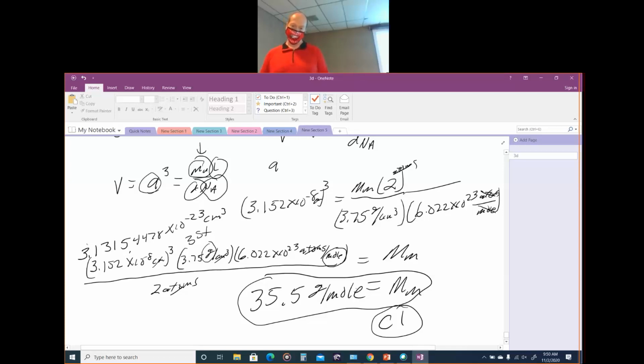And the element would be a chlorine. All right, so you're going to have a molar mass, you get your periodic table, and then you line it up with the molar mass of the element, and then that's how you would get what the element was.